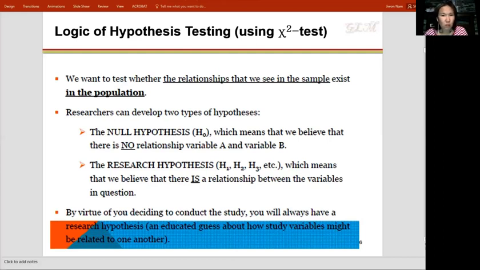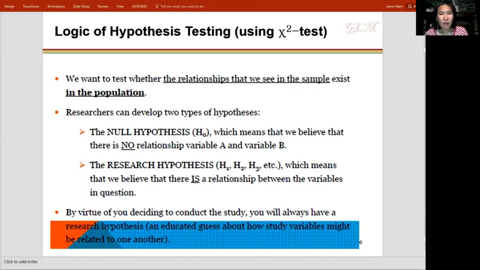So let's read this one. We want to test whether the relationships that we see in the sample exist in the population. Researchers can develop two types of hypotheses.